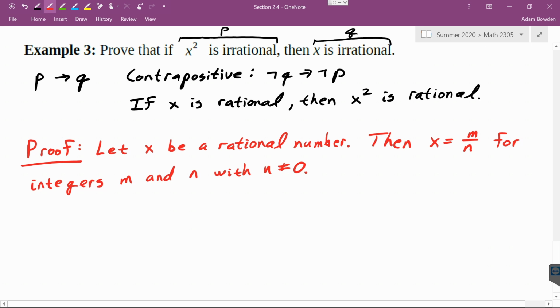So now we start with x. We say x is this thing since it's a rational number. Then we'll go ahead and see if we can apply this to x squared. Thus, x squared would be m squared divided by n squared.